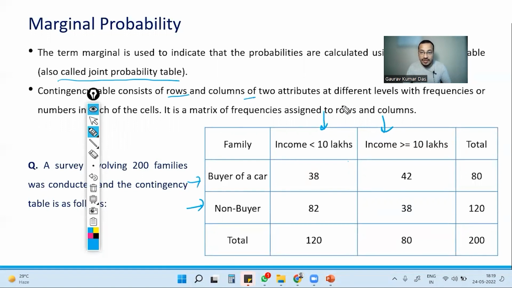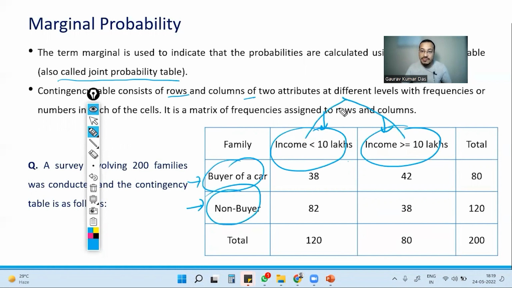And what did it say again? At different levels with frequencies or numbers in each of the cells. Levels means this is one level and this is another. Both these parameters have come from a column which says salary. Both of these have probably come from a column which says buyer or non-buyer of a car. So these are nothing but categories of their respective columns.